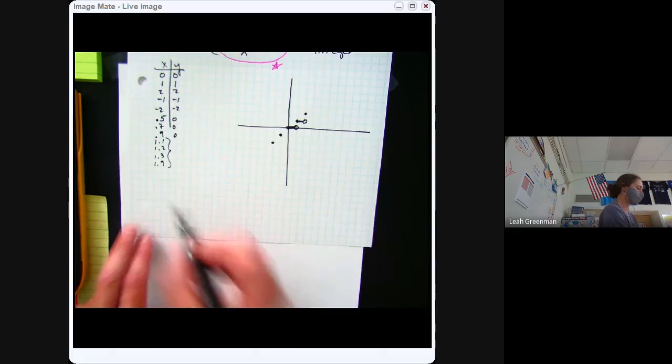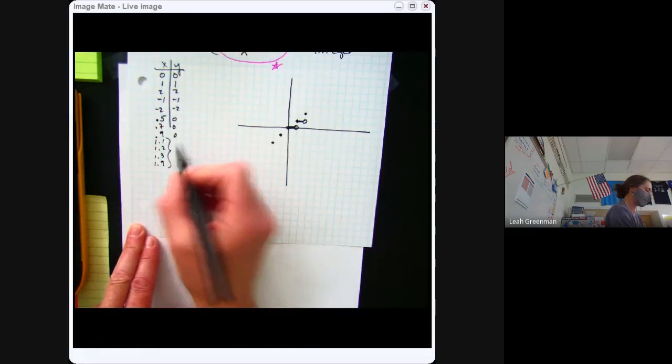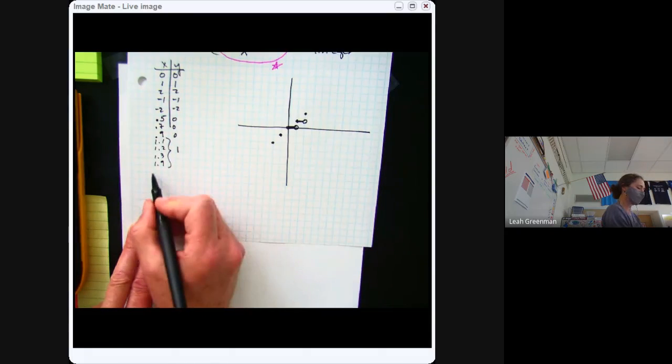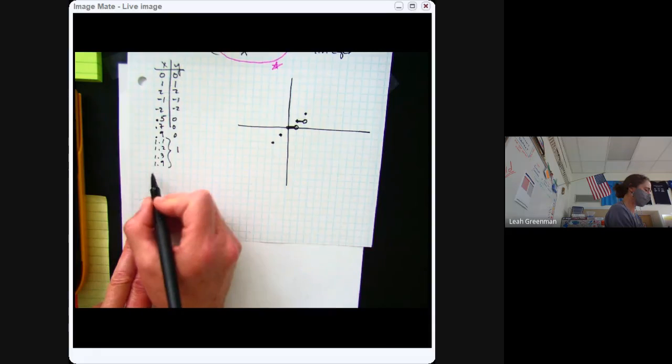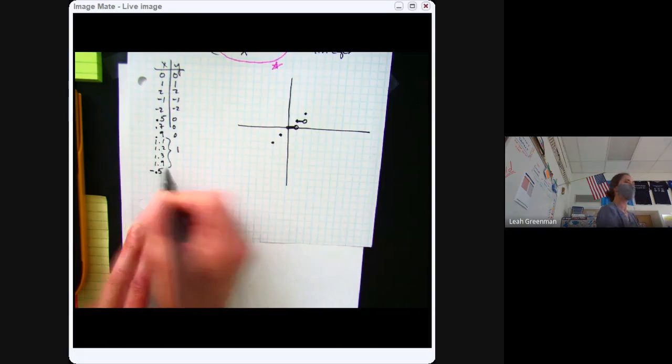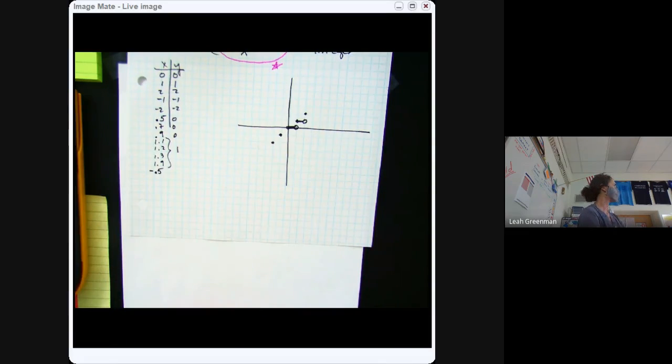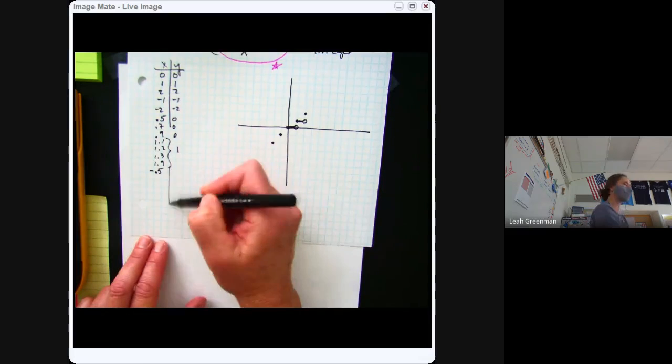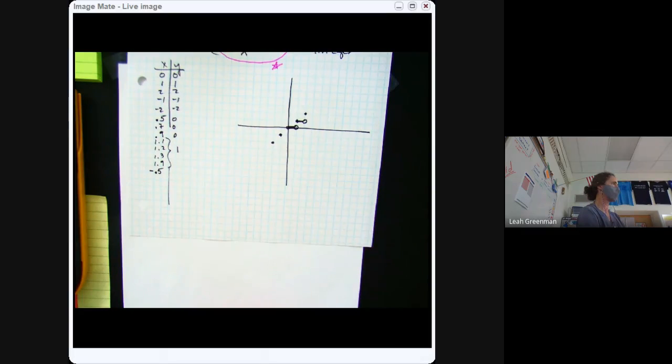All right, what happens if I plug in, by the way, these were all 1, what happens if I plug in negative 0.5? And we have to be a little careful here. Negative 0.5. What is the greatest integer less than negative 0.5?